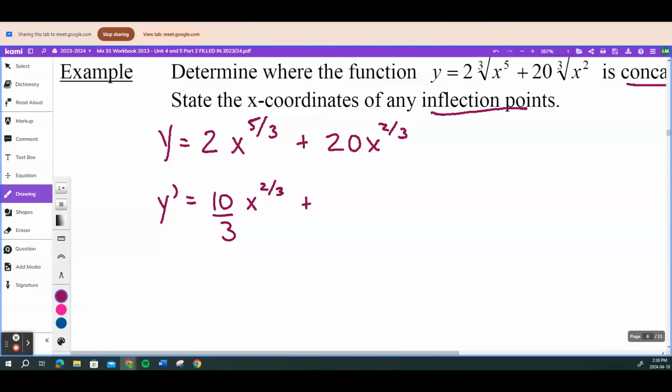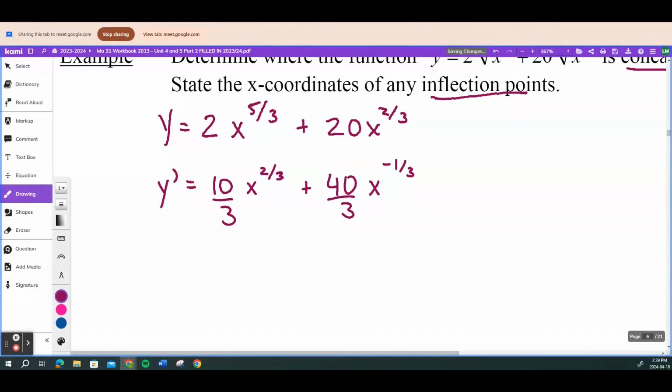Plus 20 times 2 over 3 gives us 40 over 3, and then 2 over 3 minus 3 over 3 is negative 1/3. Make sure to check whether any simplification can happen at this point. The answer is no, so we keep going to our second derivative.